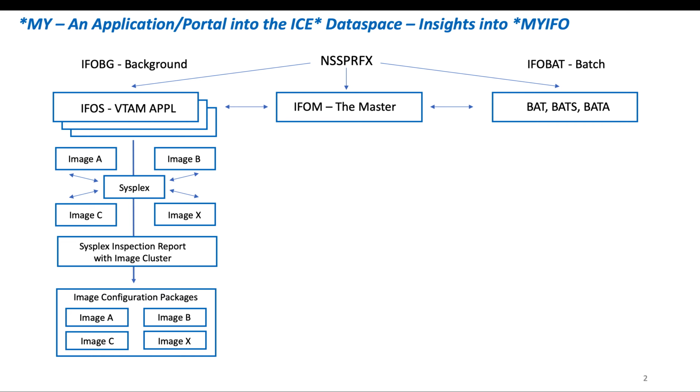And once that inspection is complete, we would like to have a cluster created of those inspection results, and then further we would like to know whether or not those images in fact will ultimately perform as good citizens in a sysplex. So there's a sysplex inspection component that's critically important to understanding the coupling facility and the definitions in the individual images that qualify them to be a good citizen in a sysplex. So that's a unique feature of the background itself.